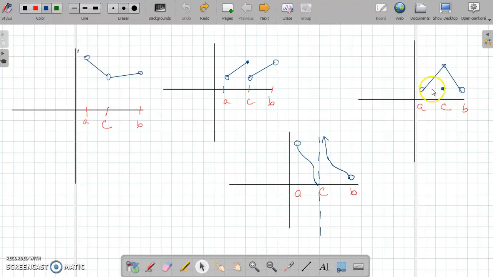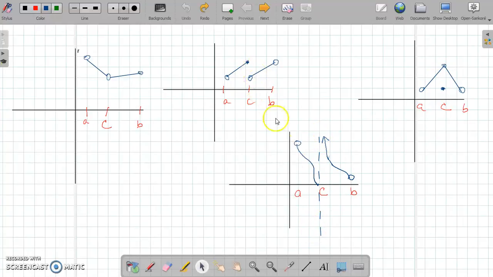Here, the limit exists. There's a value for c right there. The limit exists, but the value at c is 1 and the limit is 3, and those two are not equal to each other, so it's not continuous at c. And here at c, we have an asymptote, so there is no limit at c.